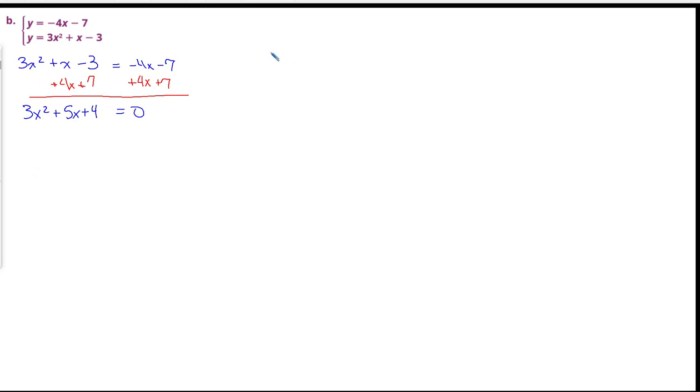Now we need to find our a, b, c, so we can plug it into the quadratic formula. Our a is 3, our b is 5, and our c is 4. We're going to plug it into the b squared minus 4ac first.